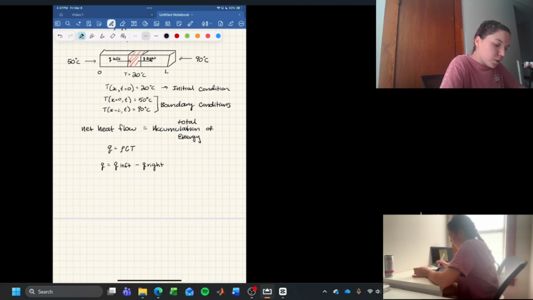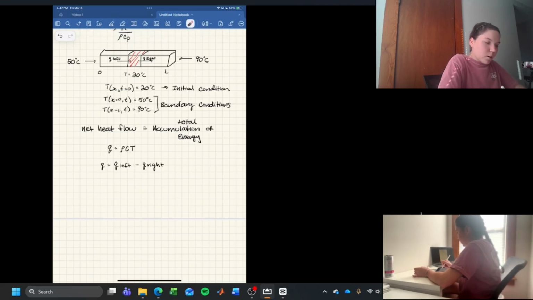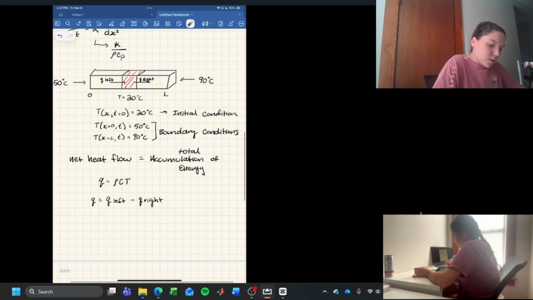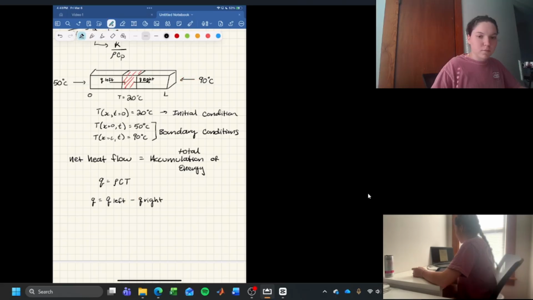And we know this because if you look back up at the rod, the 50 degrees Celsius is going into the rod, so that's going to be positive in this equation here. And then on the right side, because the 90 degrees is also going into the rod, but it's going in the left direction, that's going to be a negative in this overall equation because we said that the heat is flowing from left to right. So that means that this is going to be flipped to the negative sign here.